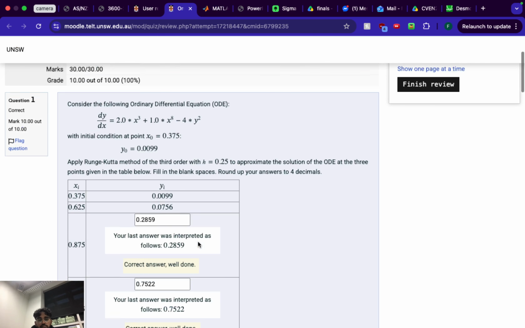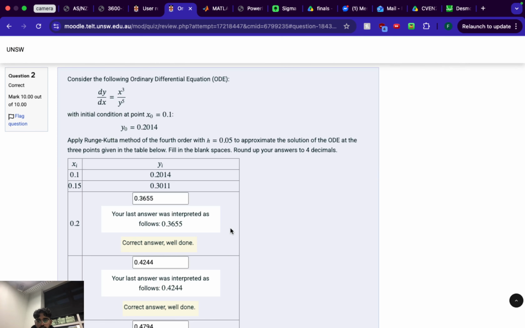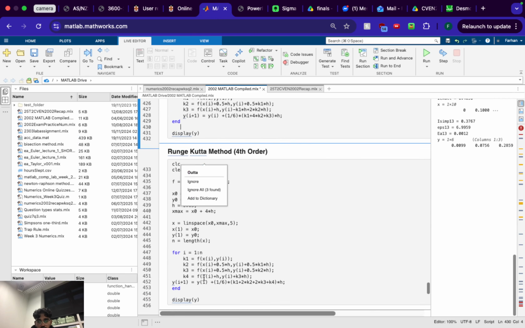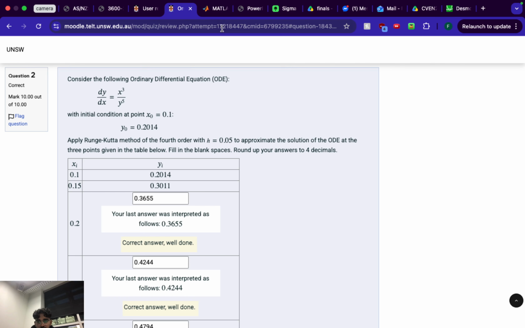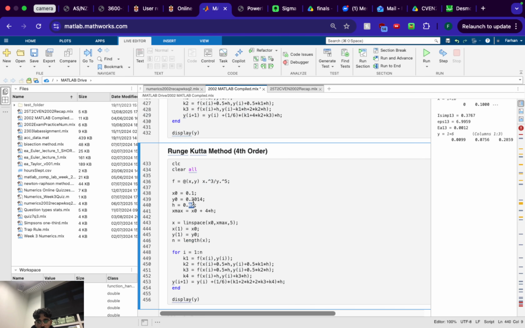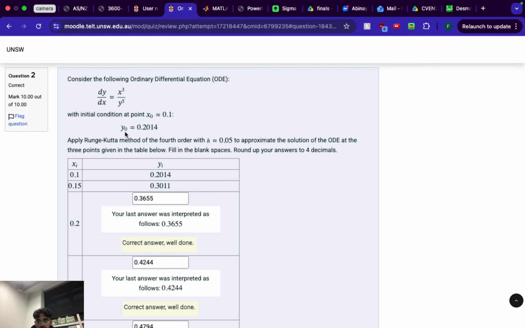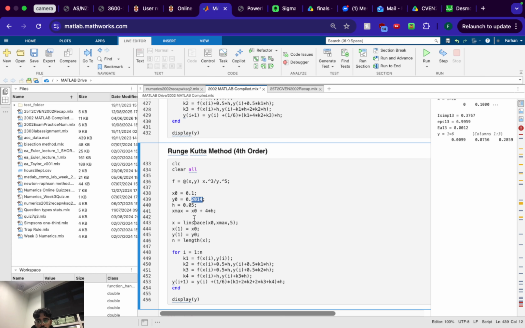Cool. Alright, let's do another question. Fourth order? Okay, sure. Let's do a fourth order question. I'm ready. Okay, so I've got the equation already there. I've got my initial point, y0 and x0. No, sorry, my step is 0.05, and my initial x value is 0.1.